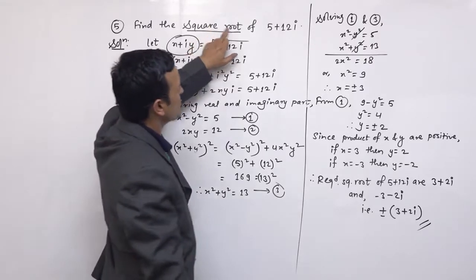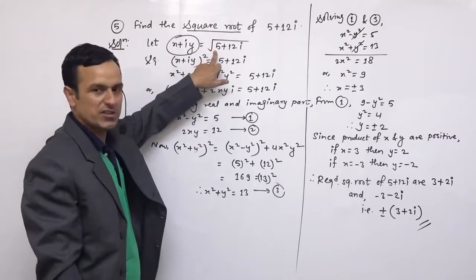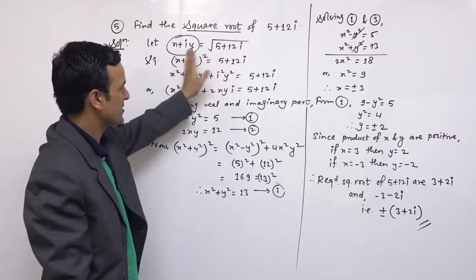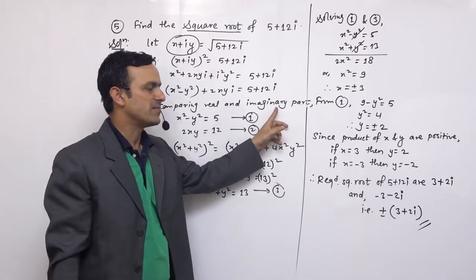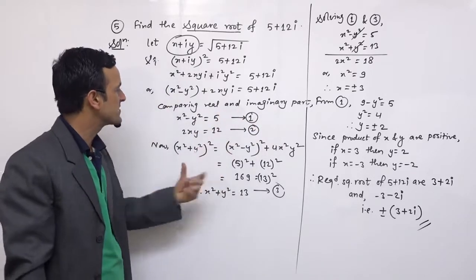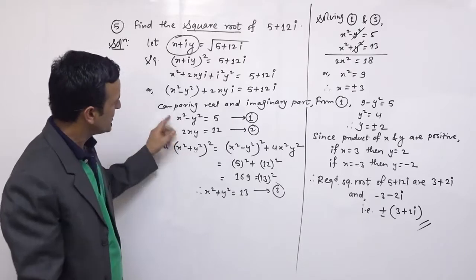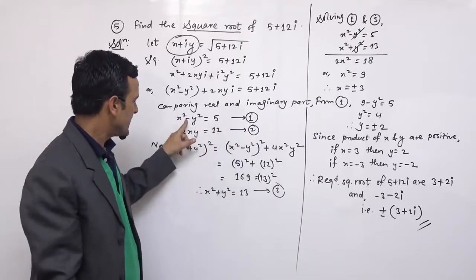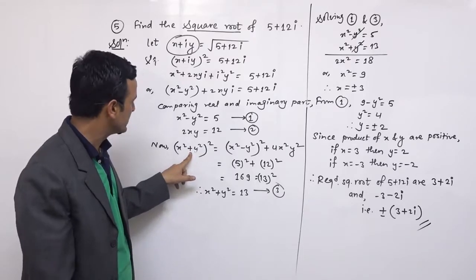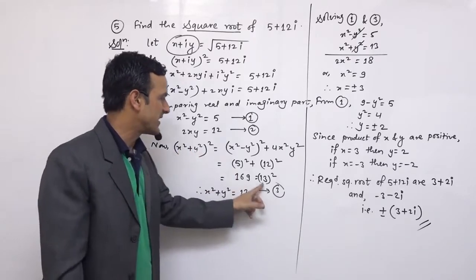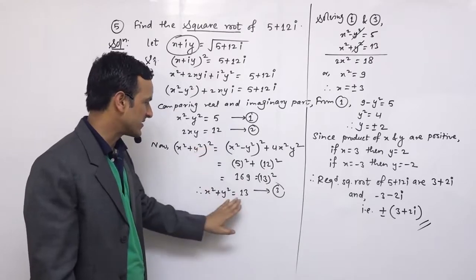The question is square root, that's why put the square root over here and make square, then expand it, then we can compare real and imaginary part according to this question. And if we solve it, we get 13 square, and square cancels the 13.